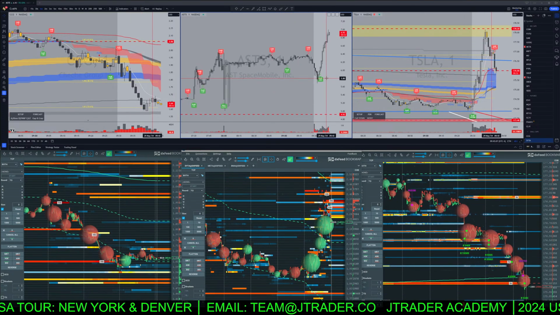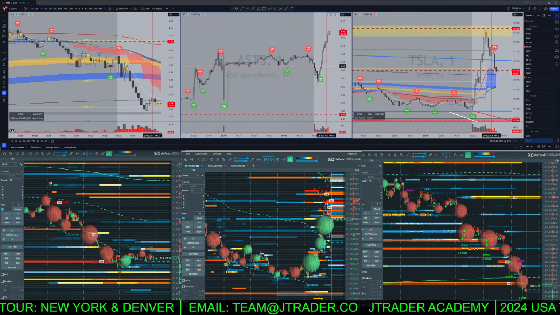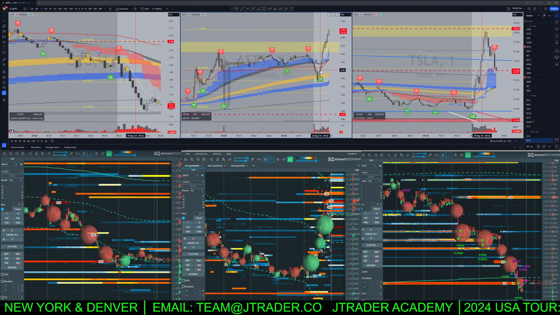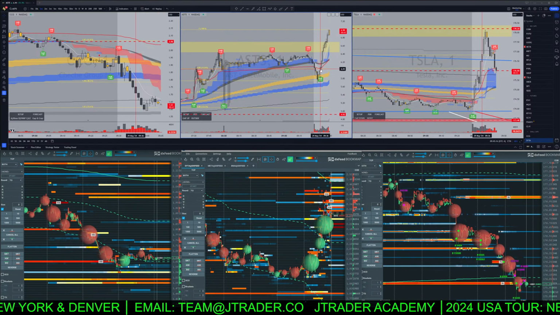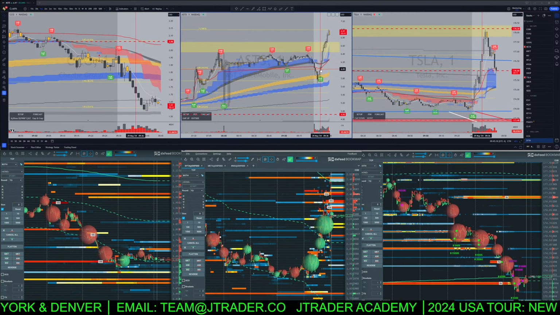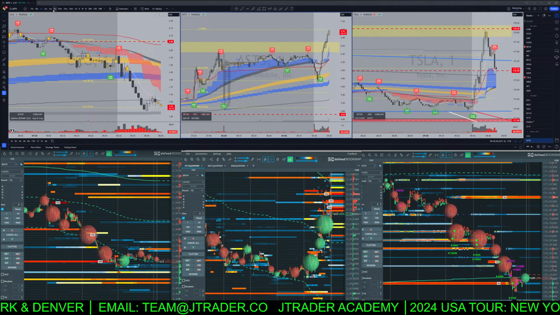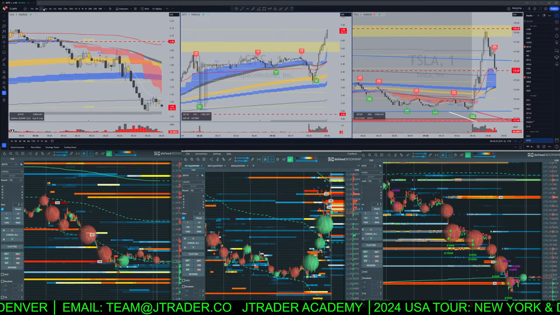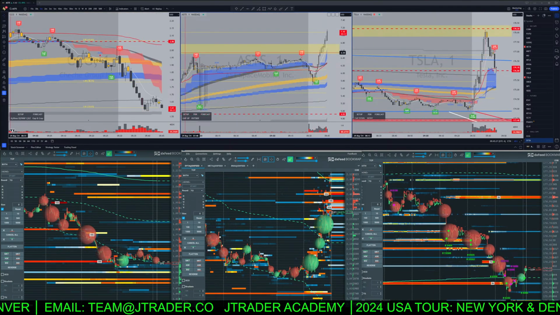What it gave us this morning was a long entry, and the long entry came over here at $6. You can see the system over here giving the long entry play at $6. But personally, I'm waiting on this. So this behaved like an under-over.